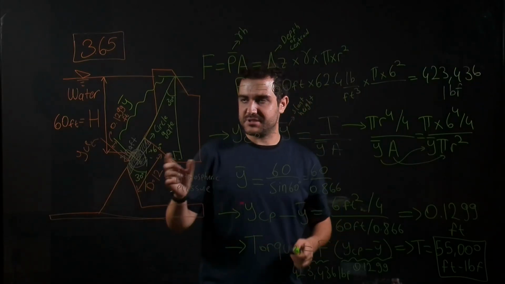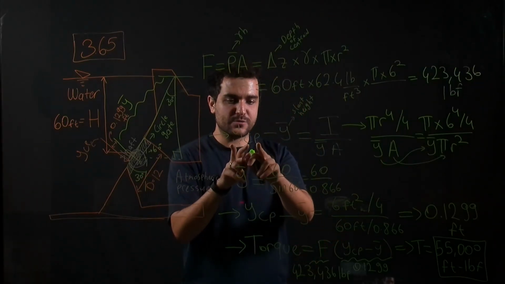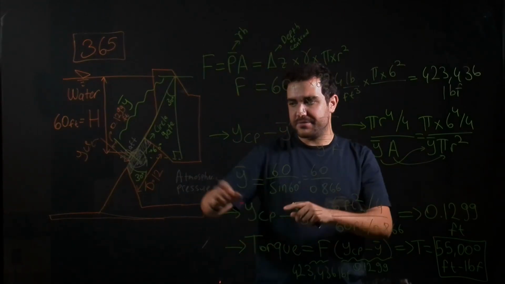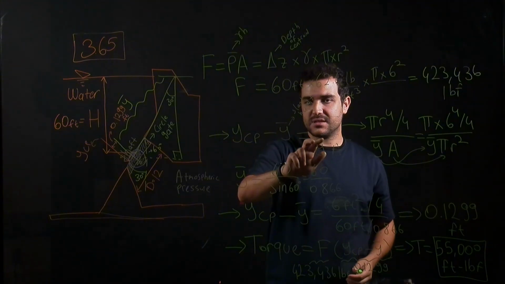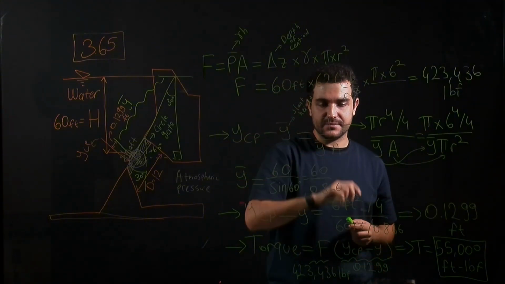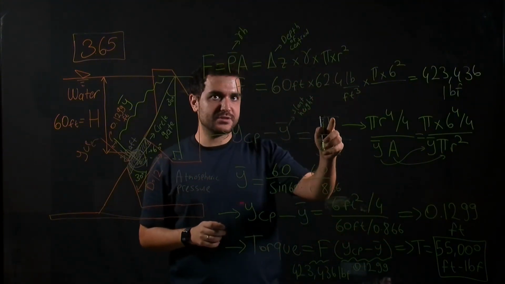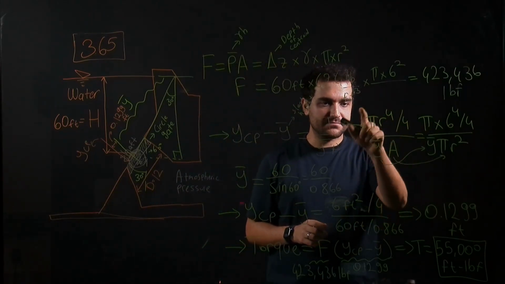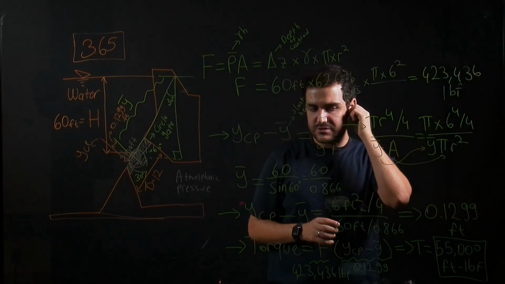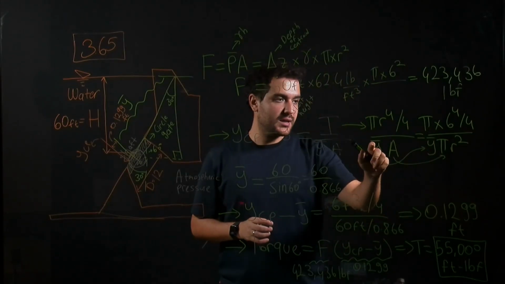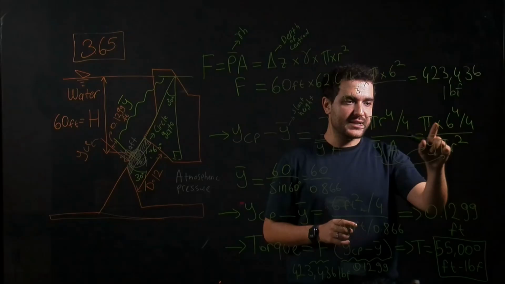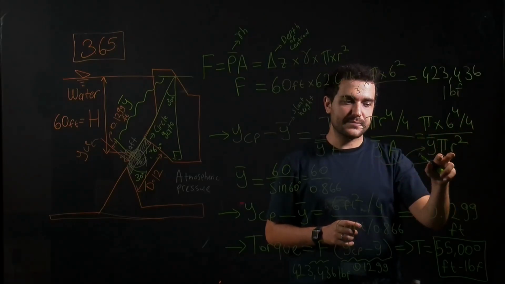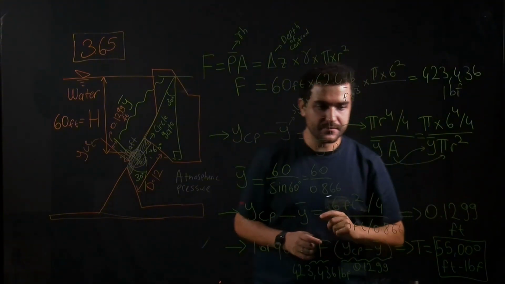As we did in previous questions, the center of pressure minus slant height is equal to the inertia of the circle over depth of centroid times area. From figure A1 in your textbook, you can see this value for inertia of a circle. When we write that, it will be pi times 6 to the power of 4 over 4, and the area is pi r square.